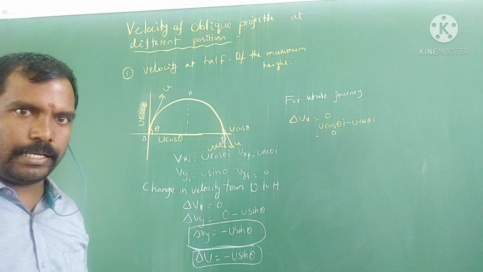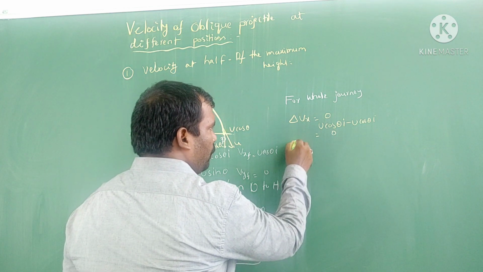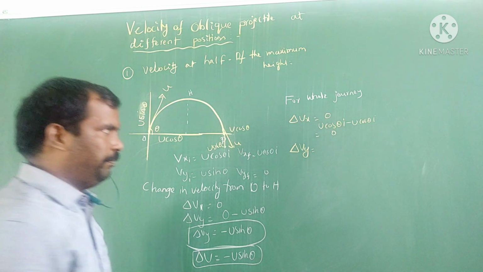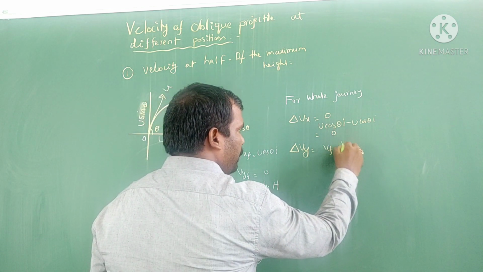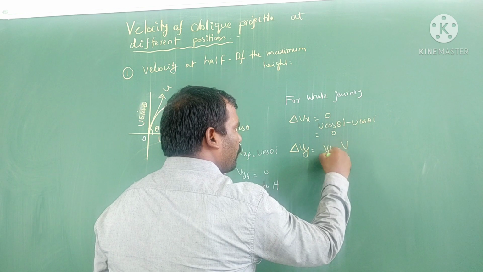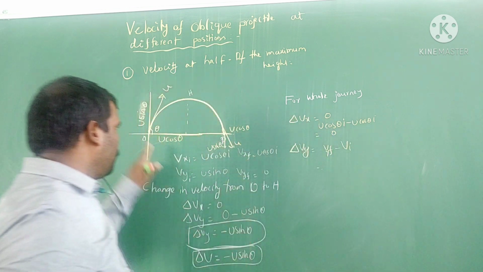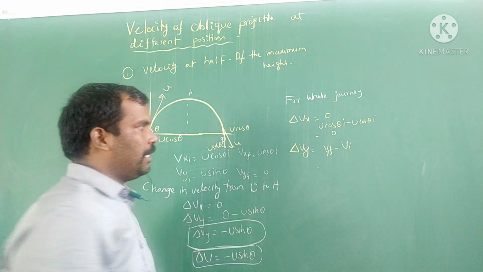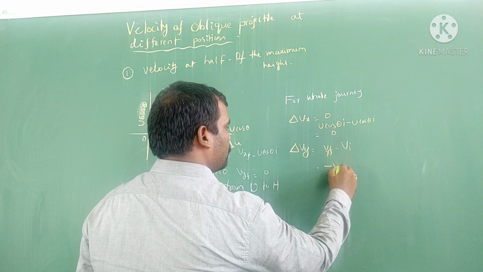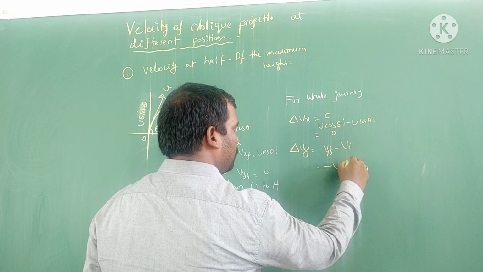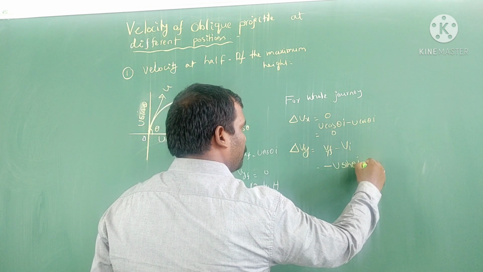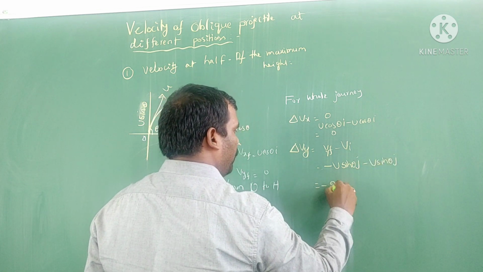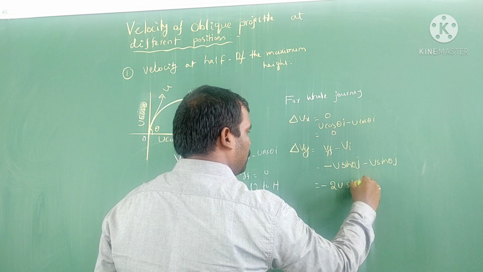But whereas for vertical velocity, if you want to calculate, delta Vy is equal to Vy final minus Vy initial. Here it is the positive y axis, here it is the negative y axis. Finally, we write minus u sin theta j minus u sin theta j, therefore minus 2u sin theta j.